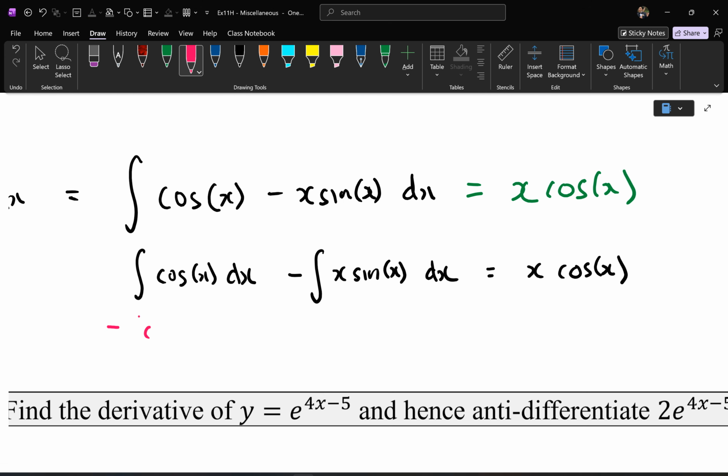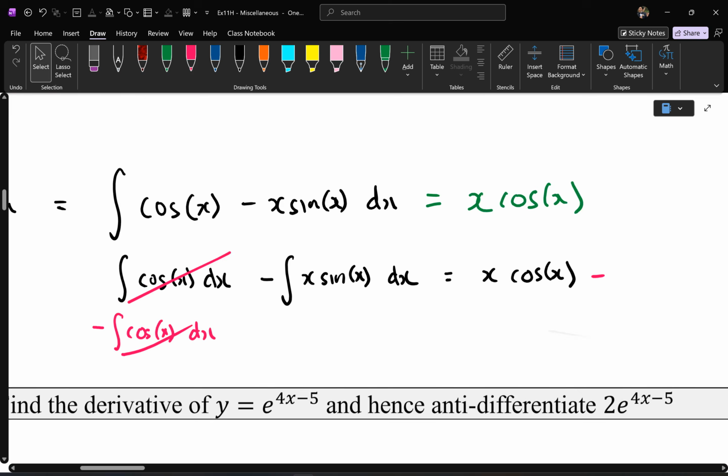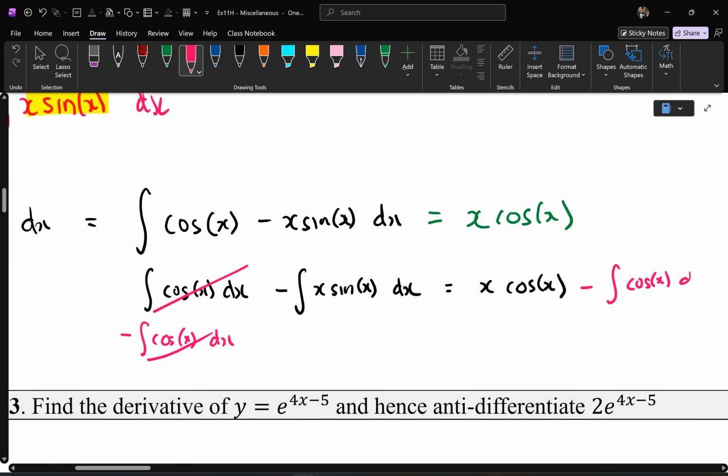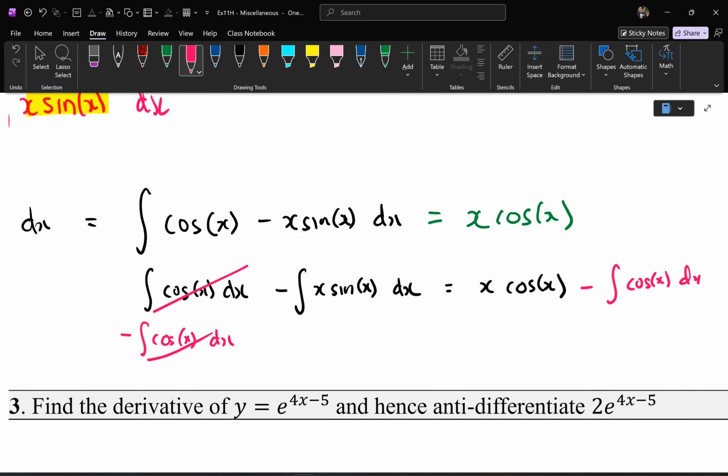I minus antiderivative of cos of x dx, that cancels out. Then I minus this side by antiderivative of cos of x dx. And then notice there's a negative at the front here, so if I just times this by negative 1, times this by negative 1, times this by negative 1, this is what I get.